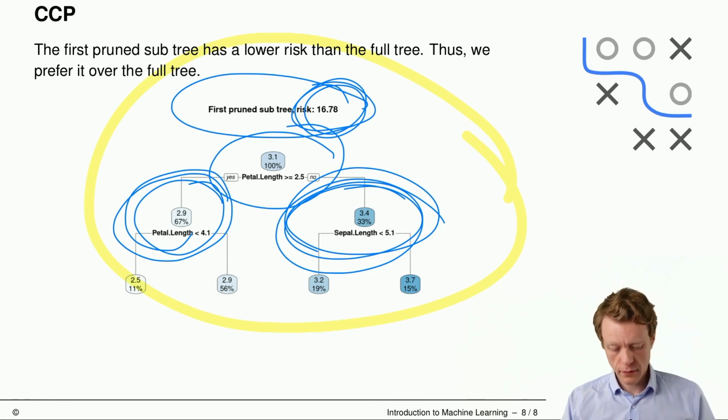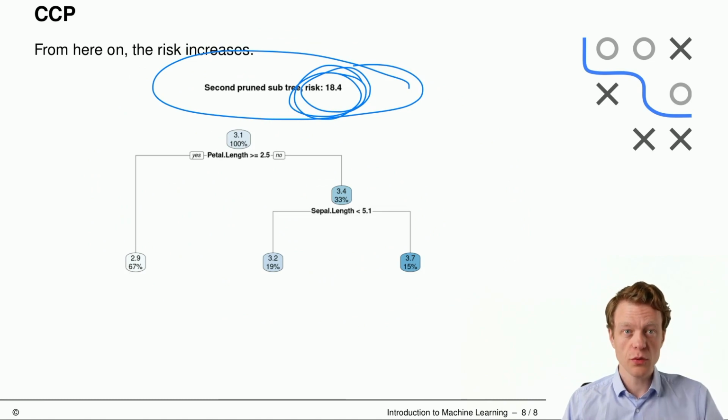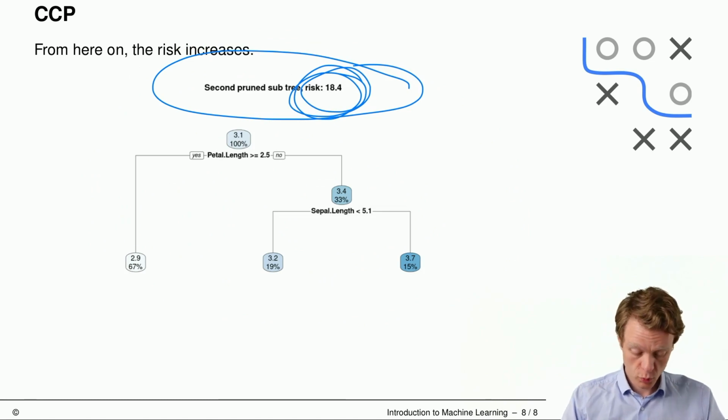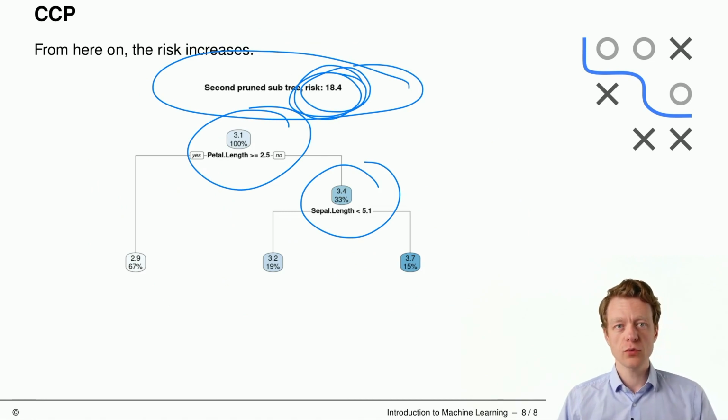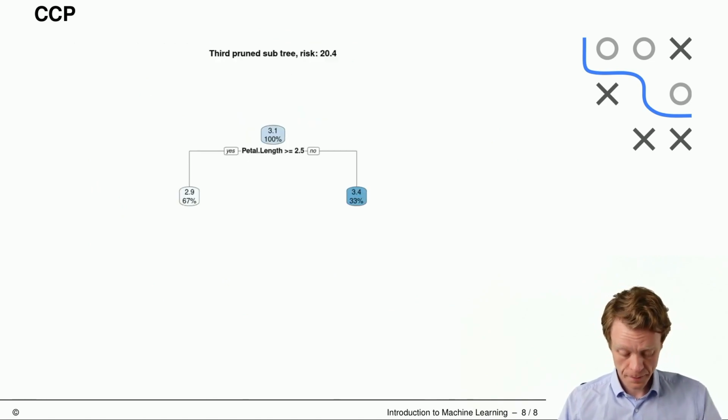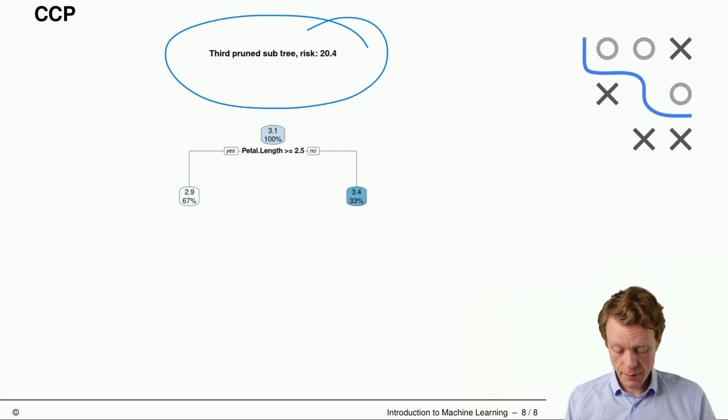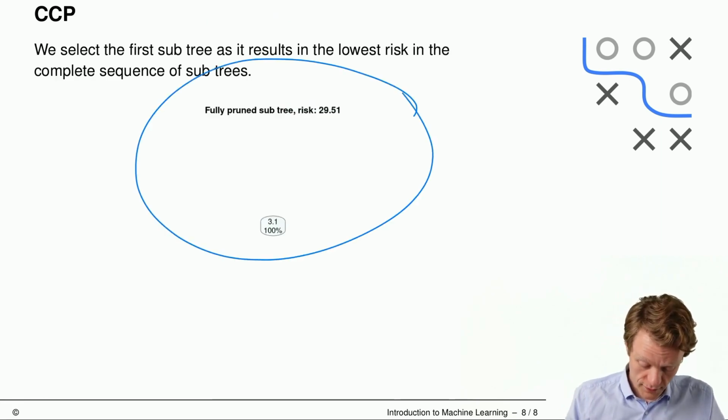The slides that come after that just show you what would happen if we would proceed with this algorithm. So we would again try out what happens if we replace those 2 internal nodes by leaves, and see, okay, risk goes up, and do the same thing once again.